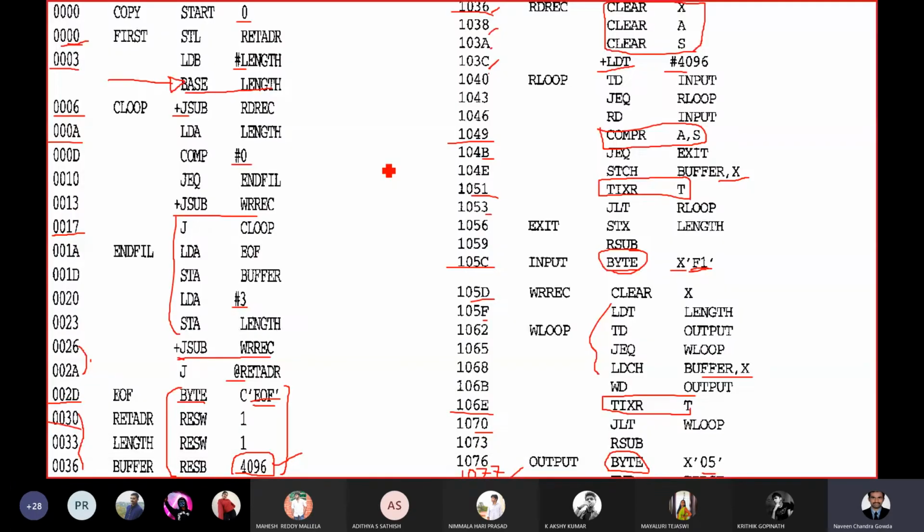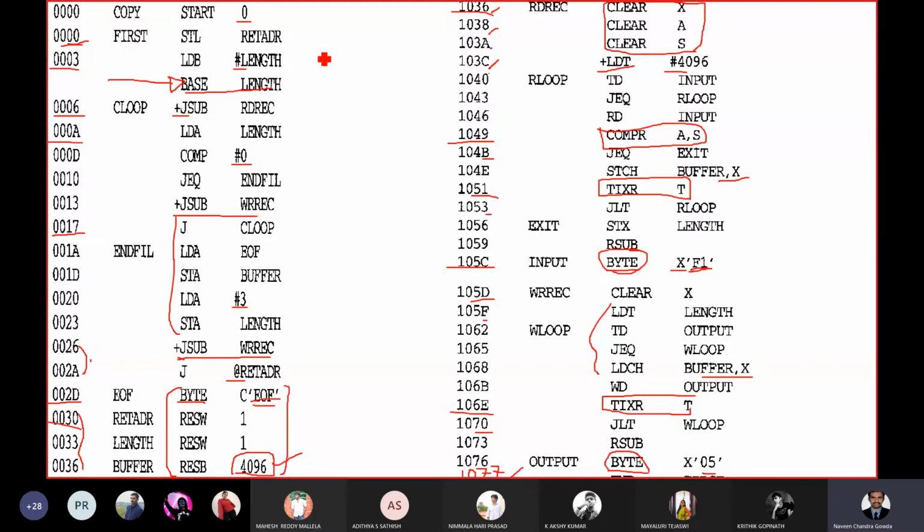When you write 14, do you remember in how many bits it should be written? What is the length of the opcode in format 3? 6. Definitely we have to write that 14, which is the opcode, in the form of 6 bits.